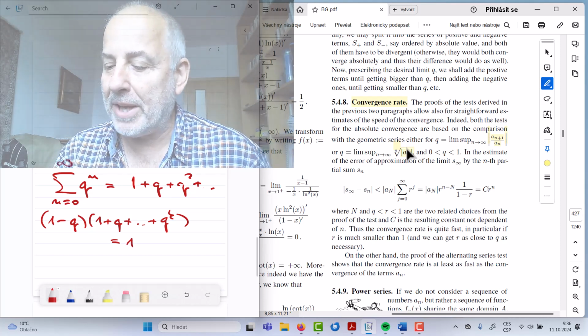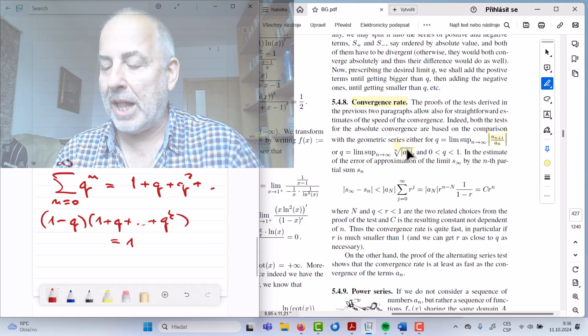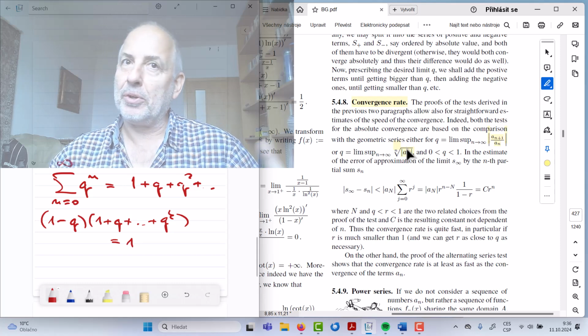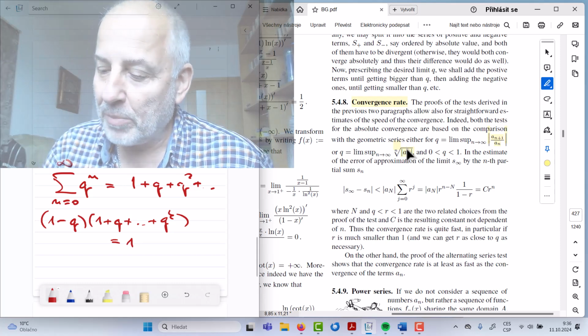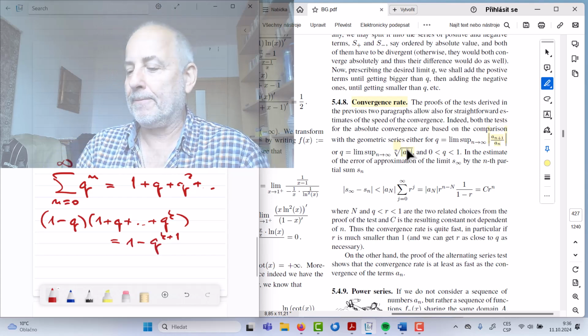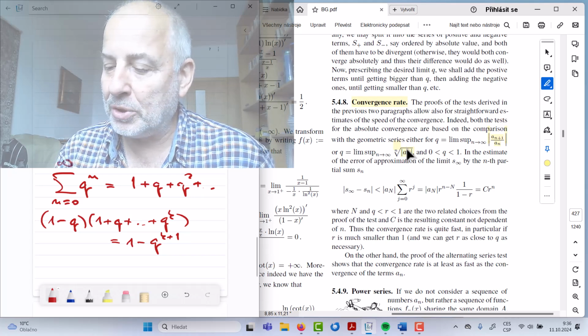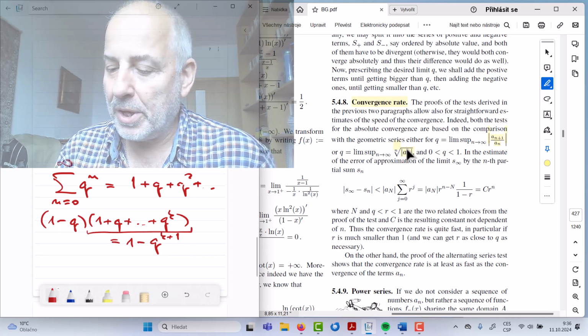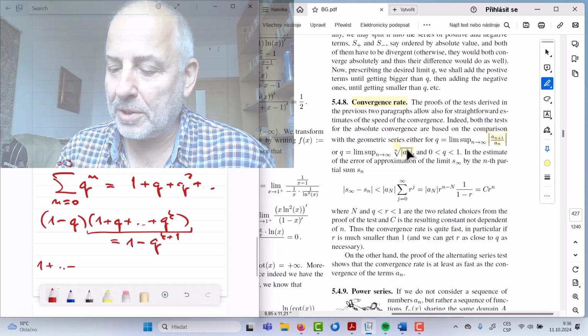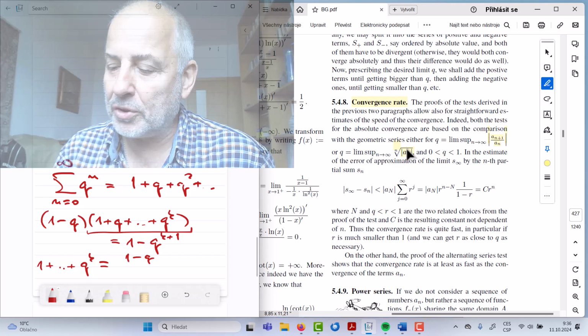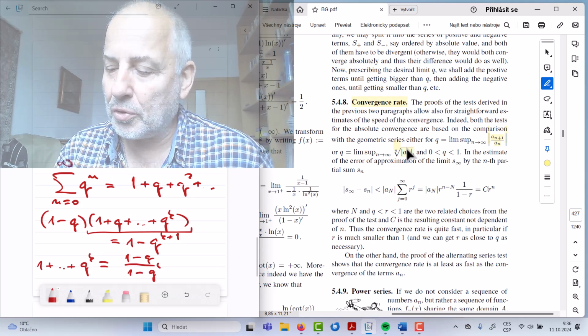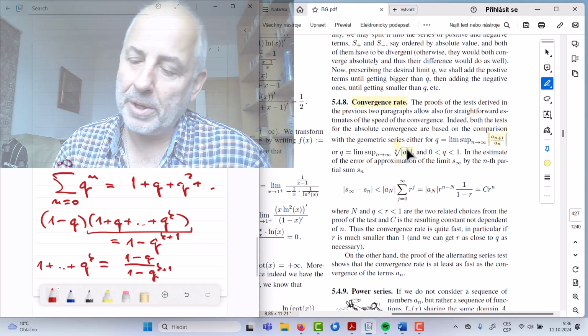So it remains 1 here, everything else gets cancelled. That's called telescopic cancelling, and in the very end you have q^(k+1), right? So you see that the partial sum 1 plus q plus ... plus q^k equals (1 minus q^(k+1)) over (1 minus q).